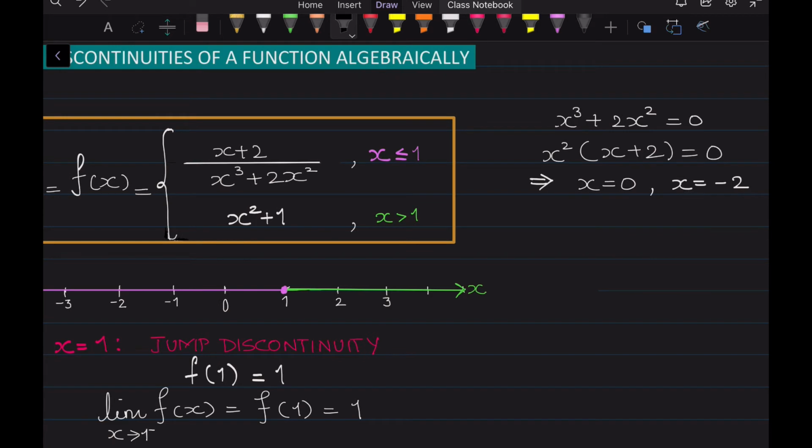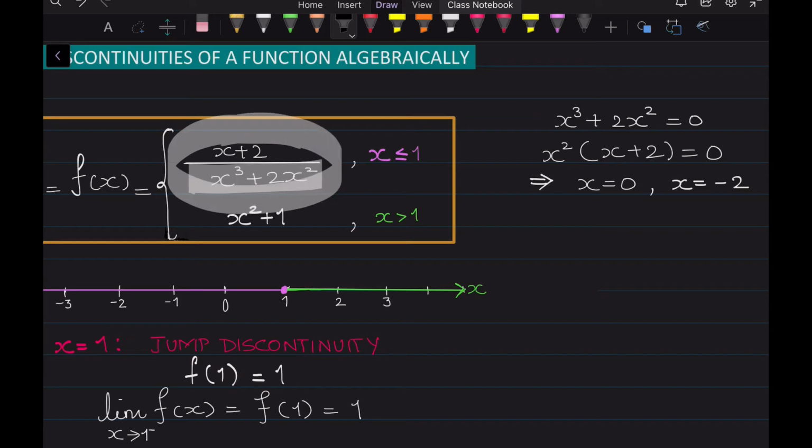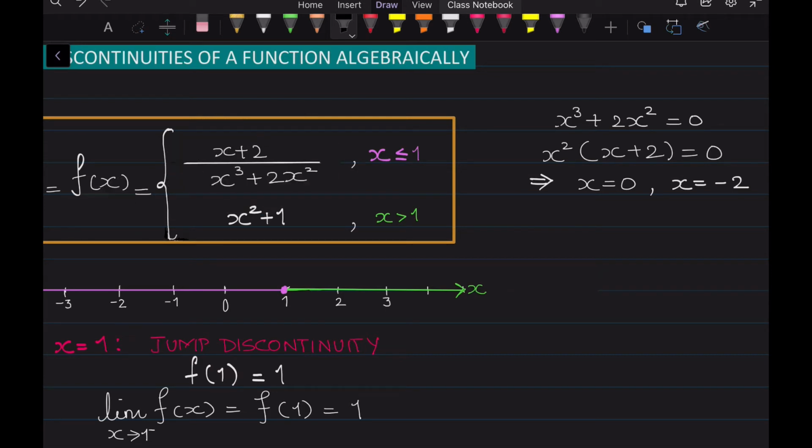These are the 2 points where this denominator is 0, and when this denominator is 0, this expression will not be defined, and this expression being a part of this function implies that this function is also not defined at x is equal to 0 and at x is equal to negative 2.